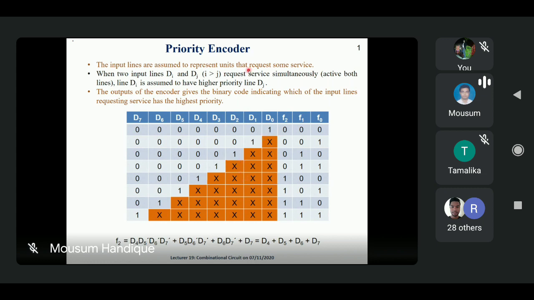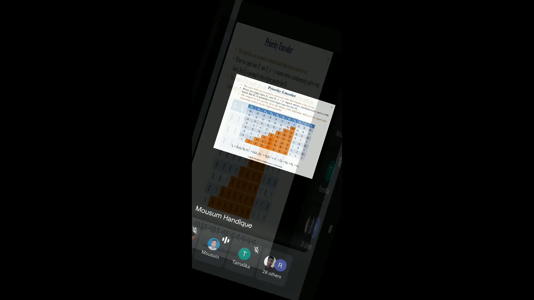Now, why is the priority encoder concept coming? The priority encoder concept is coming for this particular reason. Sometimes we can have a faulty or false situation where two lines are active at a time. But based on the properties of the encoder, only one input line is active at a time.